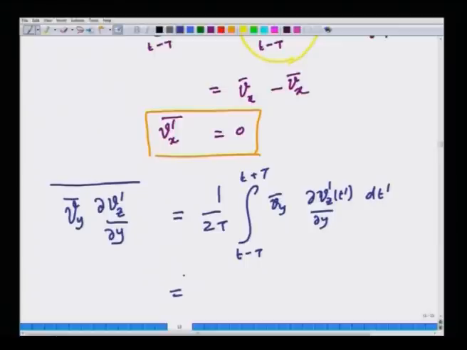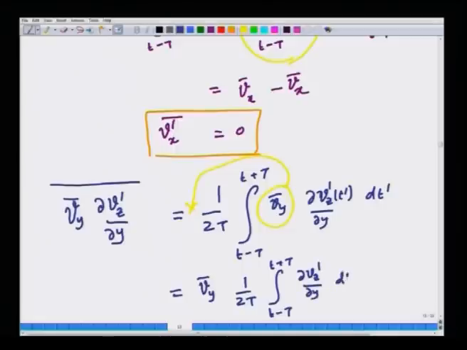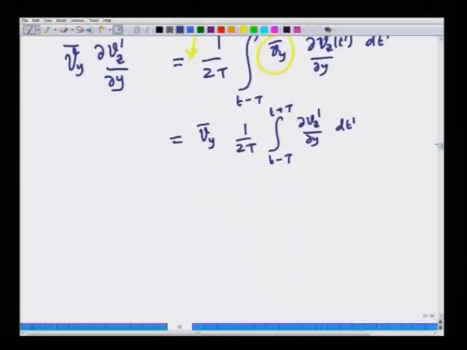Now, since v bar y is constant, it is a time average, and we are assuming that time averages are independent of the running time t, small t. So, you can pull it outside the integral. So, this becomes v bar y times 1 over 2T integral from t minus T to t plus T of dv z prime by dy dt prime. Now, the integral is merely a summation over various values.